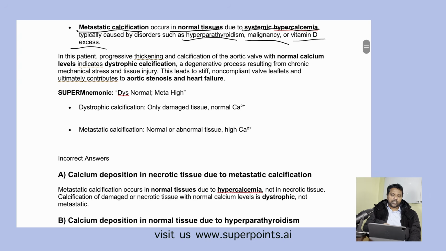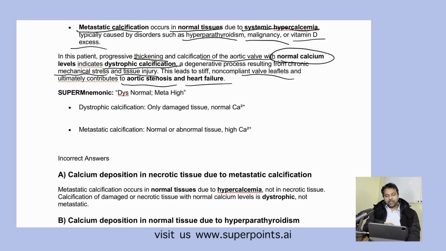So in this patient, progressive thickening and calcification of the aortic valve with normal calcium indicates dystrophic calcification, a degenerative process resulting from chronic mechanical stress and tissue injury. This leads to stiff, non-compliant valve leaflets and ultimately contributes to aortic stenosis and heart failure. So this dystrophic calcification happening with normal calcium can result in aortic stenosis and heart failure.